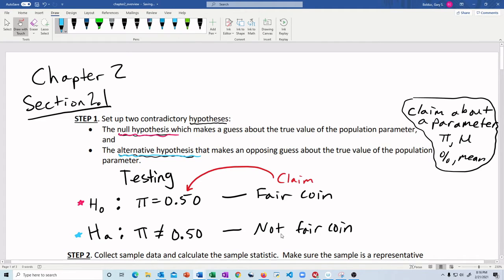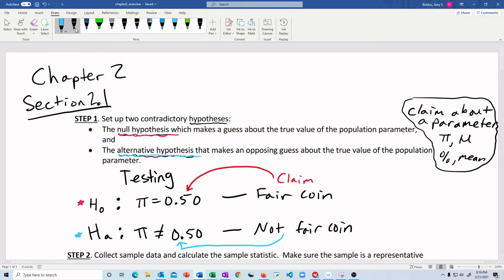And so you take this and you somehow figure out how to use math to represent that. So if it's not a fair coin, then the probability of getting heads, the long run proportion of heads when I flip, should just be not 0.5. I don't know what it is. I'm not saying it's something specific. I'm just saying it's not 0.5.